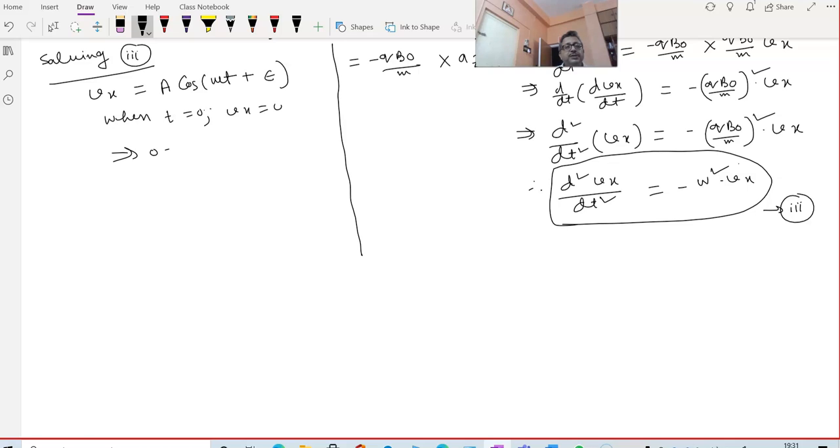So this implies 0 equal to a sine epsilon. Better you go by sine, because otherwise another negative sign will come.